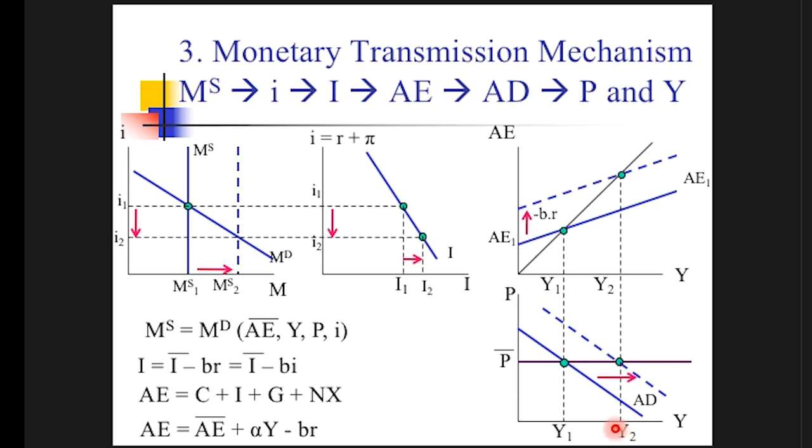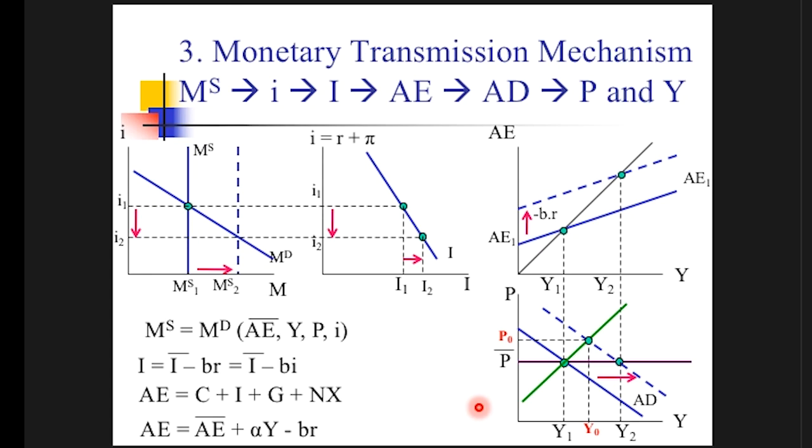But if firms are not ready to produce more goods and services, so the supply curve is upward sloping, finally there will be an increase in the price of goods and services. This is the inflation.